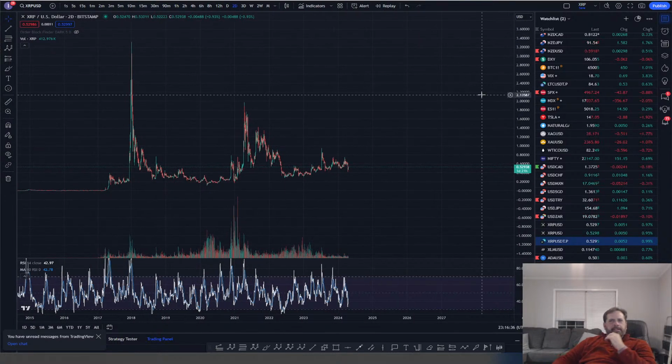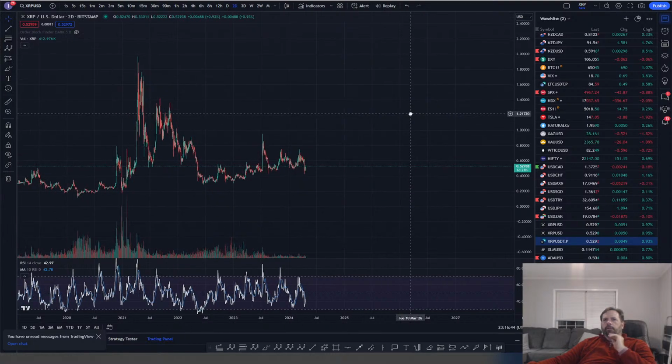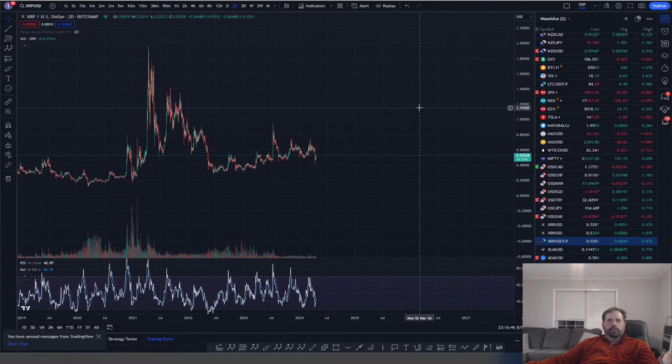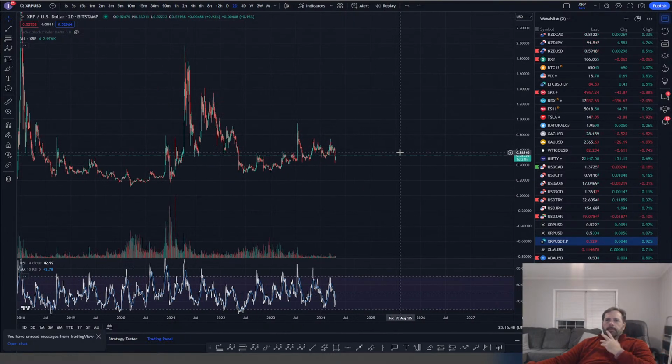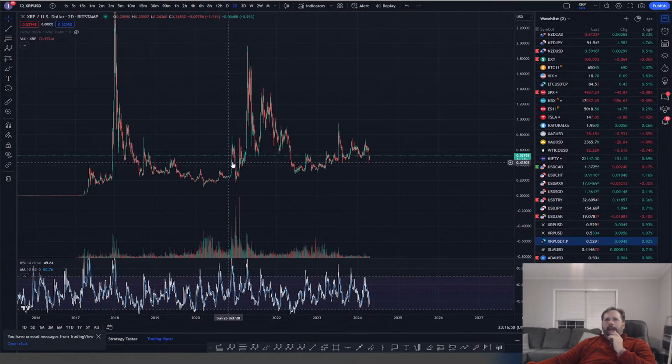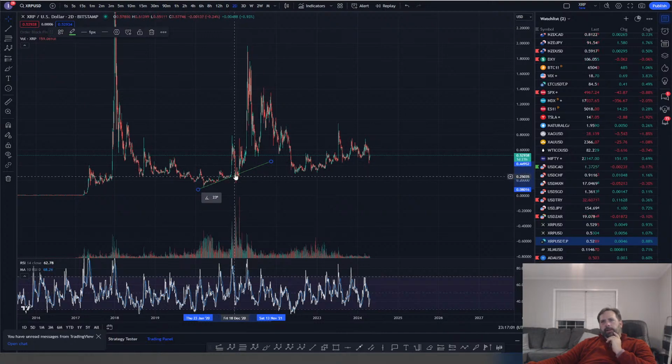So XRP doesn't like to move like other coins do, guys. And you can argue that what's happening right now is actually very bullish. The last time we had a pump to the upside, we had a fake break to the downside. You had this little move right there where it broke and then it just rebounded, pulled back and continued.